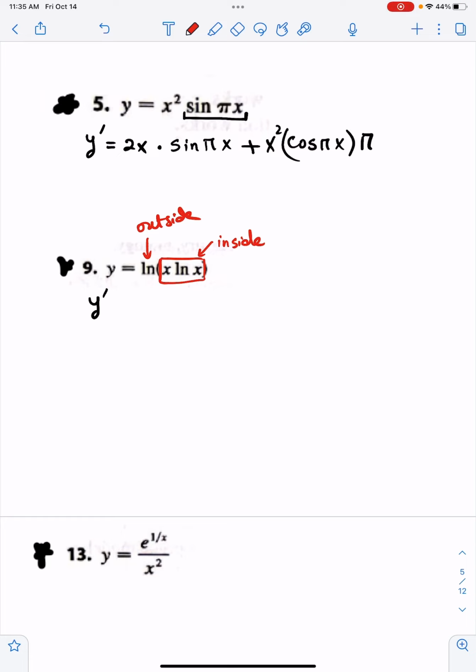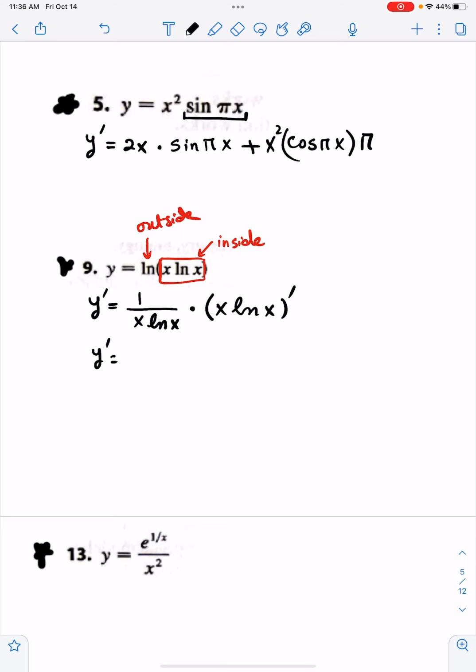So y prime is the derivative of the outside. Just imagine that it's ln of box. The derivative of ln of box is 1 over the box, times the derivative of the inside of the box. Now I need to deal with what's inside the box.